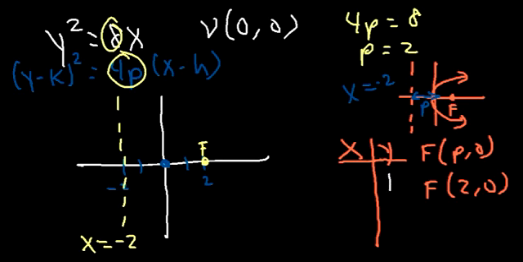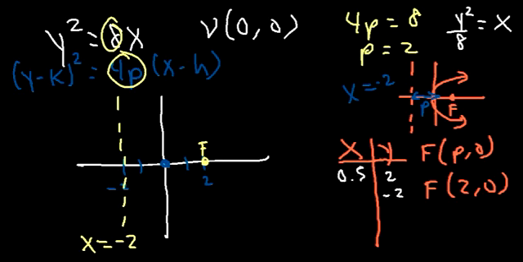Let's plug in 1 for y. Actually, 1 is going to be too small. Let's solve for x: y squared divided by 8 is equal to x. Let's say we plug in 2 for y. 2 squared is 4, 4 over 8 is a half.